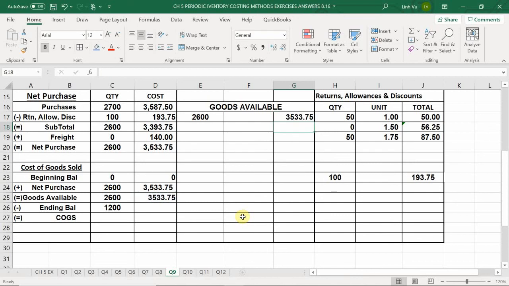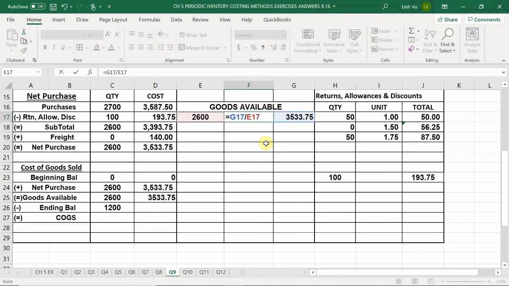It's always going to be equal. So here, we have a total cost of $3,533.75 and a total quantity of 2,600. I'm going to solve for my average cost per item. So what is my total average cost per item?